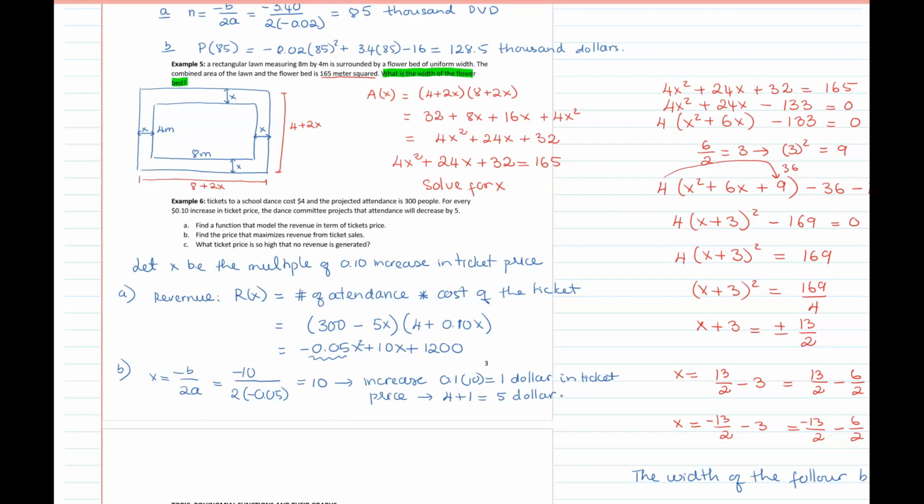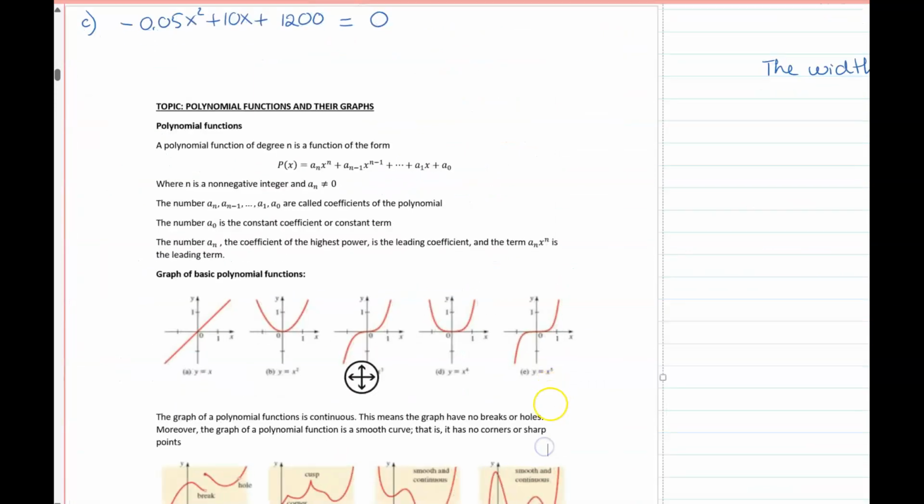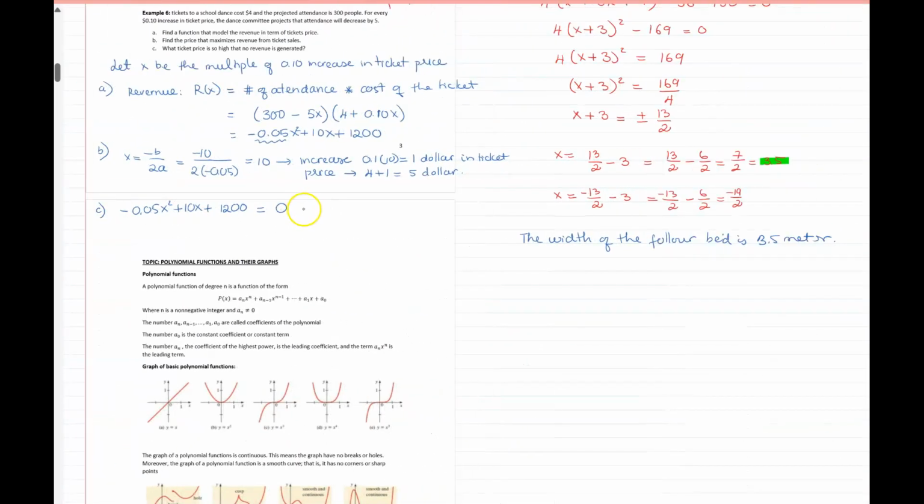Okay, so what is the ticket price that is so high that no revenue is generated? If no revenue is generated, this equation, negative 0.05x squared plus 10x plus 1,200, equals 0, because there's no revenue. We solve for x in this equation to get x equal to negative 84.4, or x equal to 284.4.